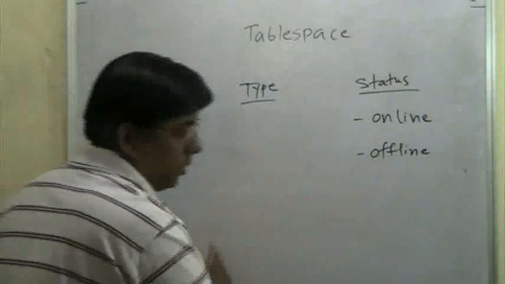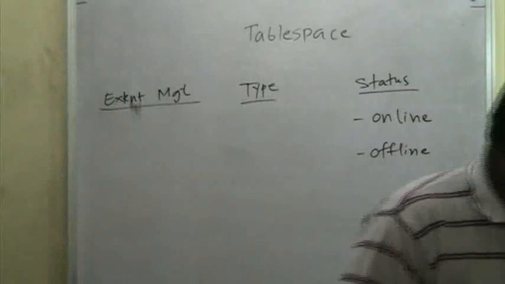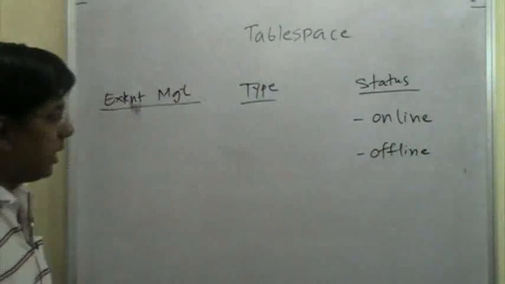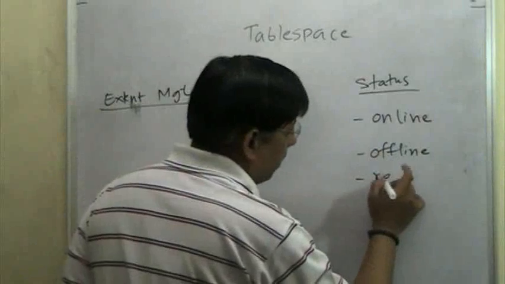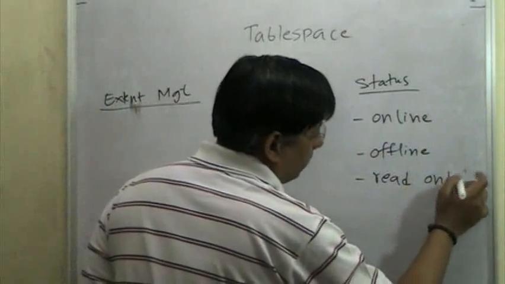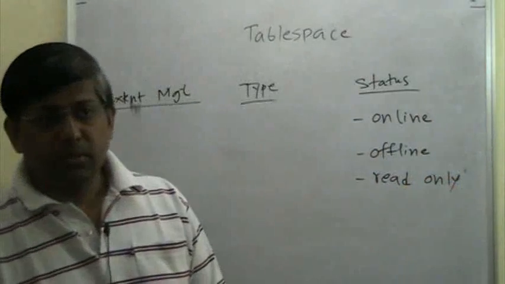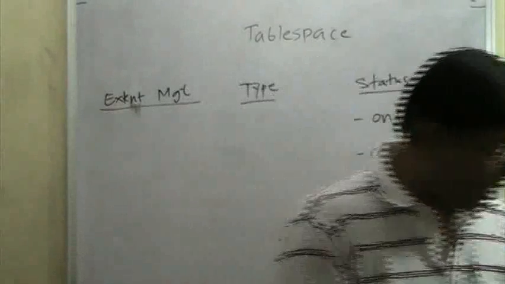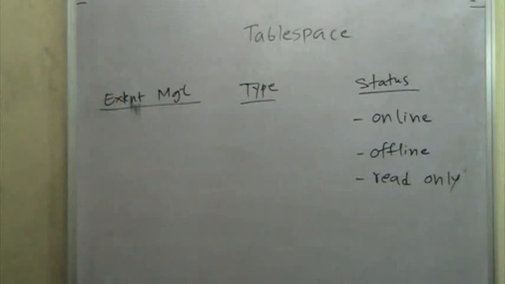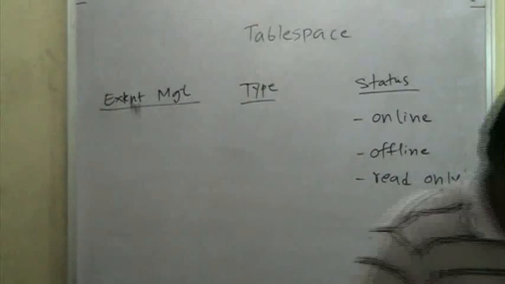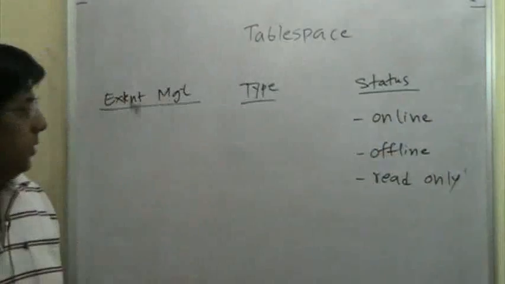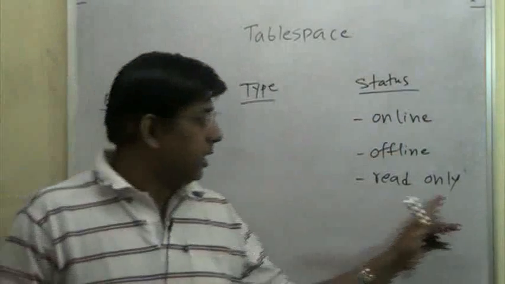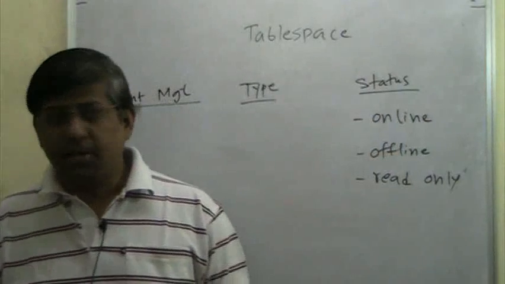Now there is another status here, which is read only. Read only status means the table space is online, and I can see it, but it is only for read activity.